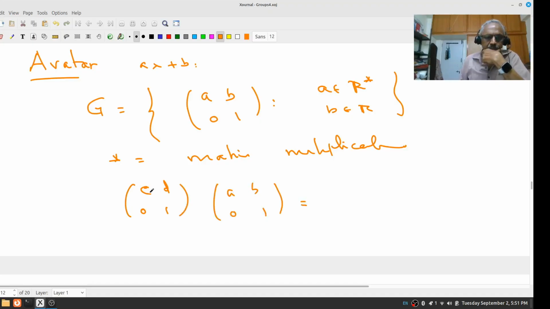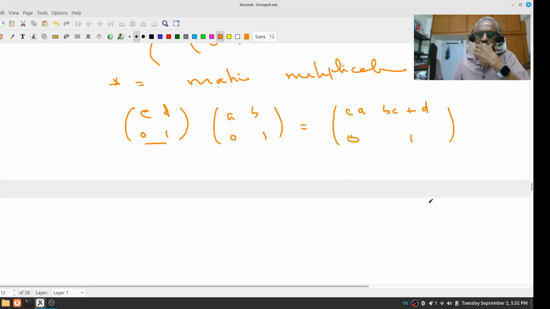What is the product? The product is CD times A0, that is CA, and CD times this one, first row by second column, that is CB plus D, and this row 0, 1 multiplied with the column A0 is going to be 0, and this row and this column will be 1.